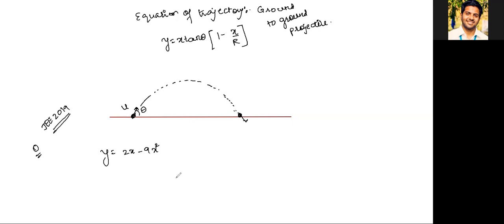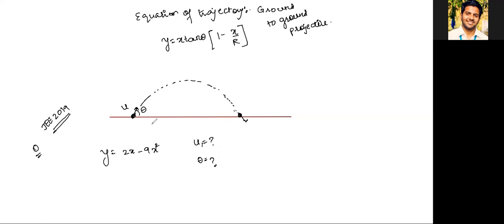And it is said that if the particle was launched at the angle theta and if its velocity was u, find out the value of u and theta. See, just one equation and we can find out almost everything about this motion. How will you do this?